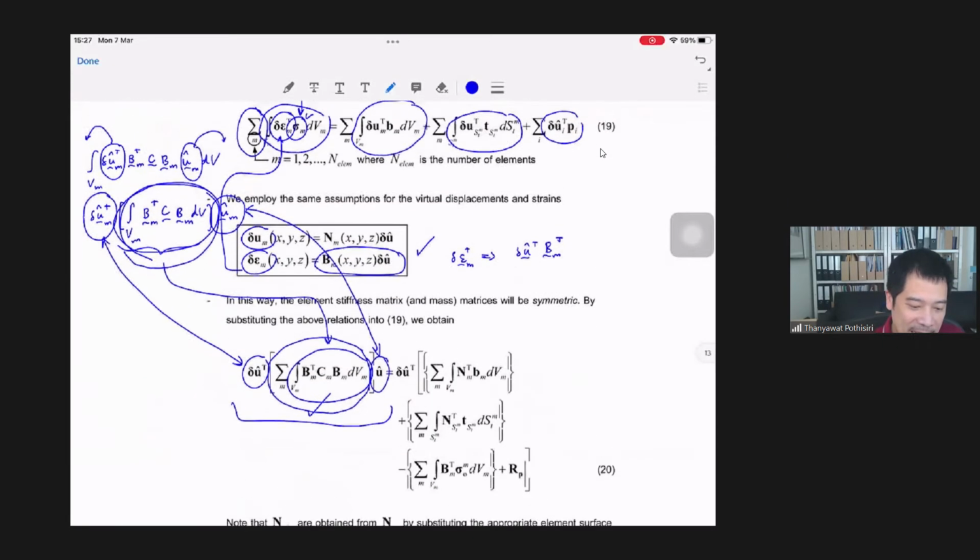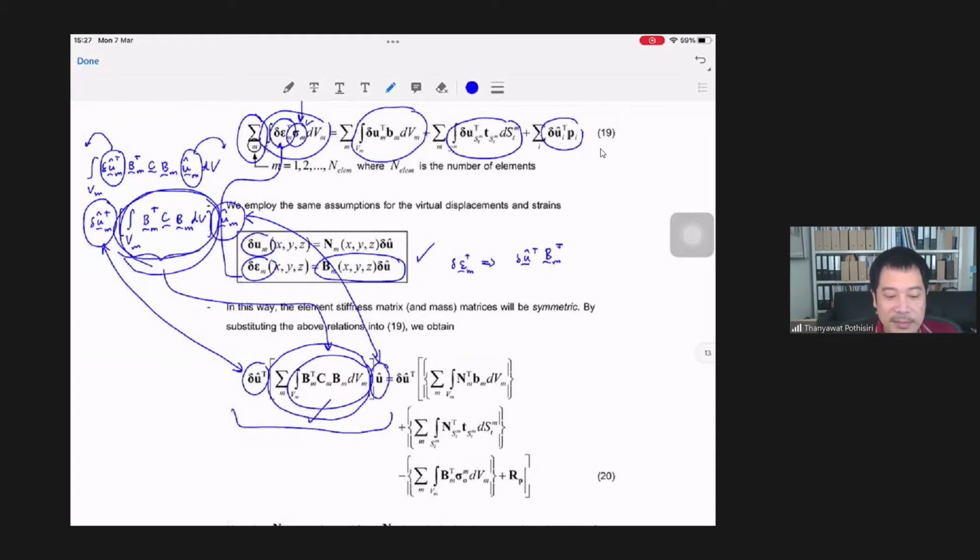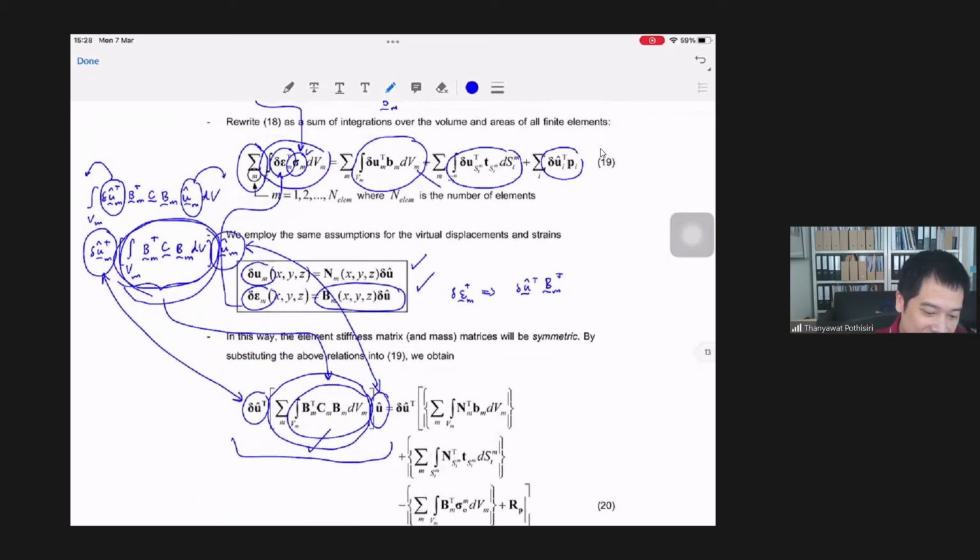Now you would see that if you apply the approximation scheme that we used previously for the virtual displacement into this equation right here, then you would end up with something like this.